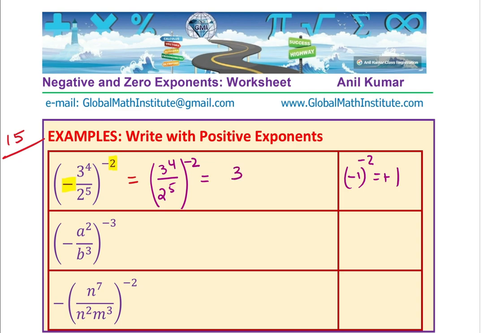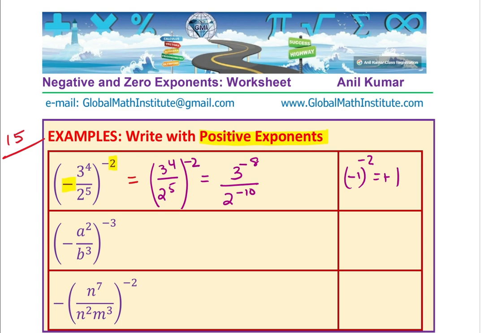Okay. Now I'm going to multiply, apply the rule. So we have 3 to the power of minus 8 over 2 to the power of minus 10. So we have now got the negative exponents. What is the question? Well, let's look into the question. Write with positive exponents. Oh my God. This time, how do I write them with positive exponents?